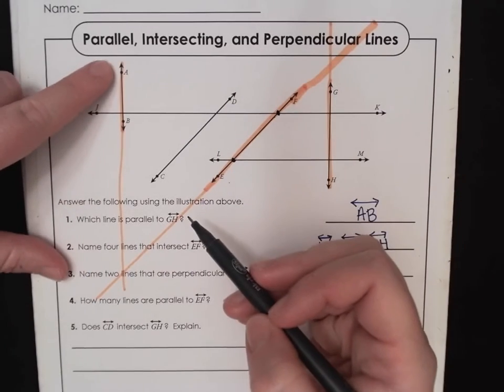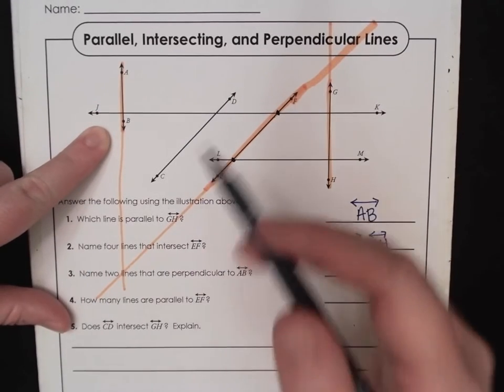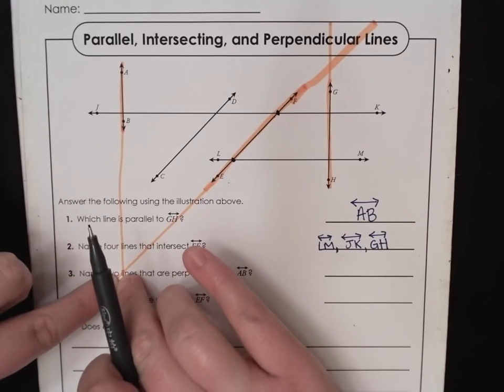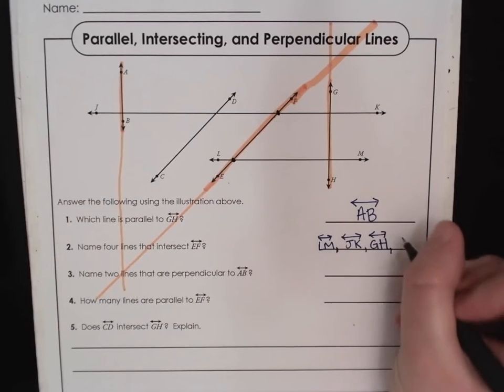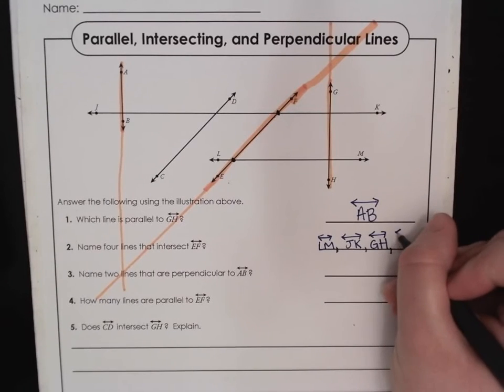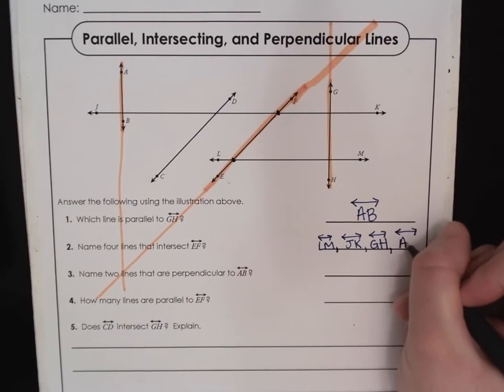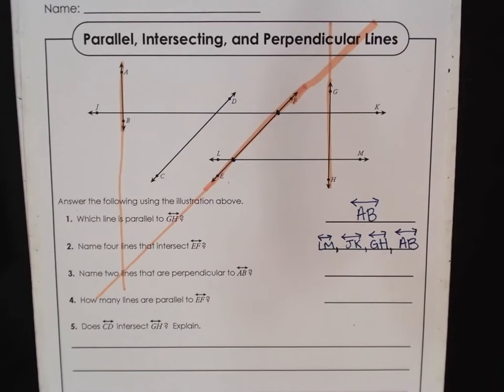And line AB will also intersect with line EF. So they're crossing over, so they're intersecting, they're just not forming a right angle. So they're just regular intersecting lines.